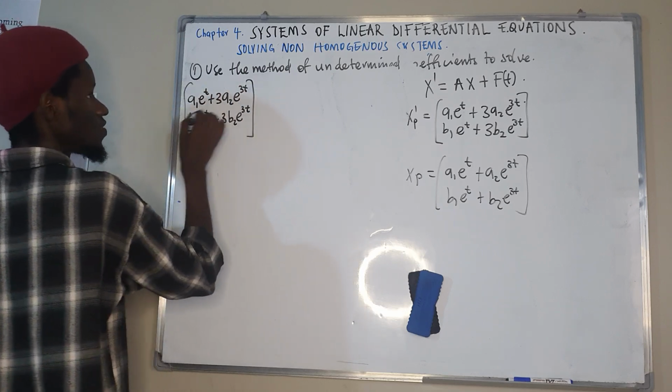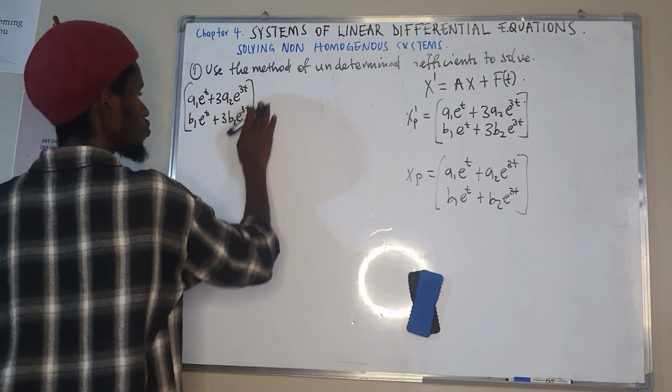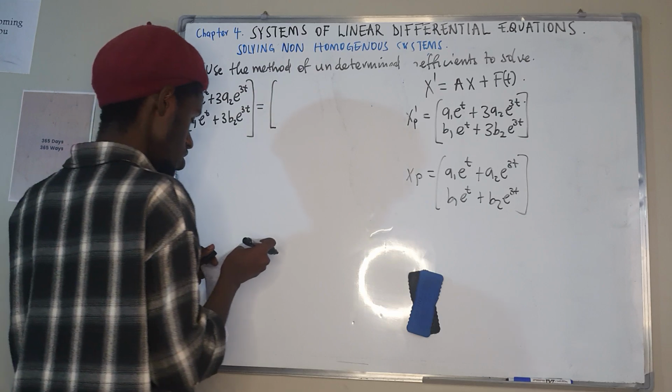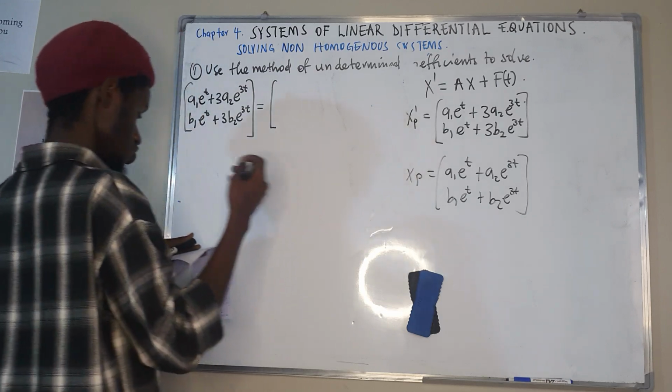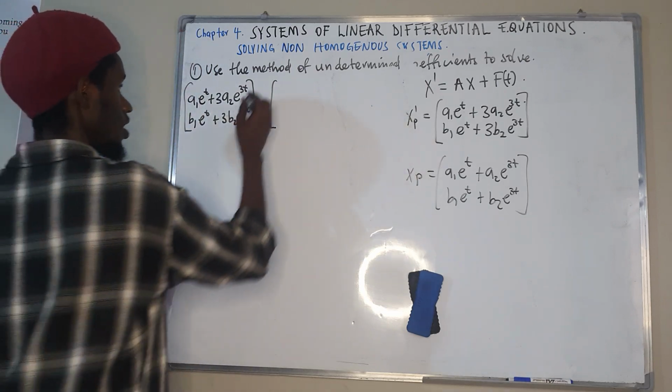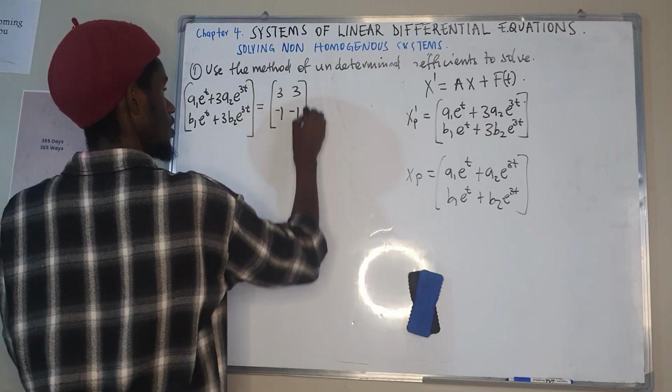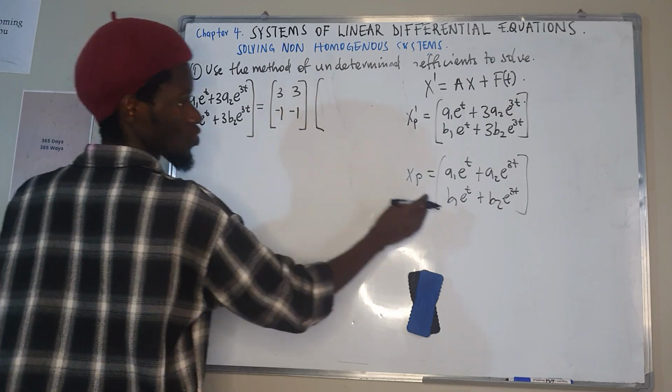This is my derivative. Now plus, what equals, what is my A? My A from the equation we had was 3, negative 1, negative 1, and then my x now is this equation here we have.